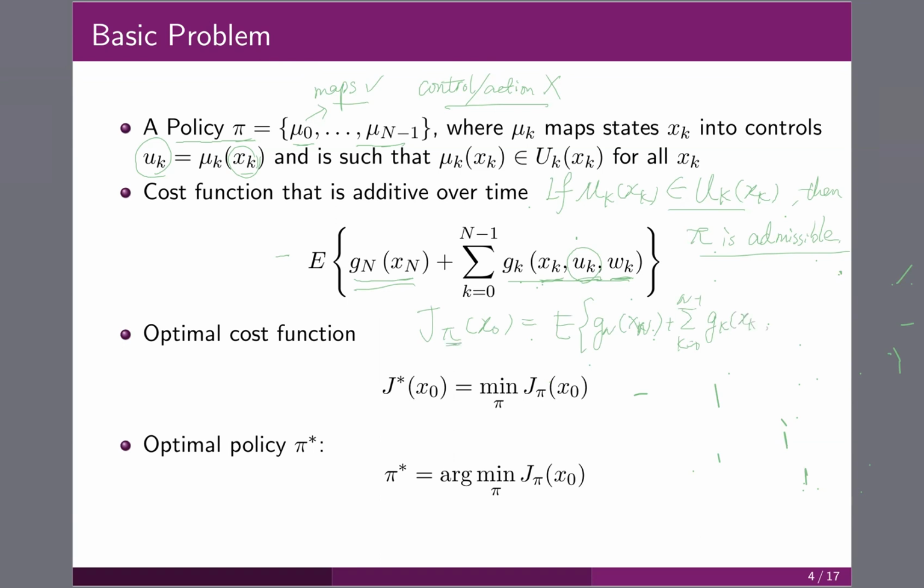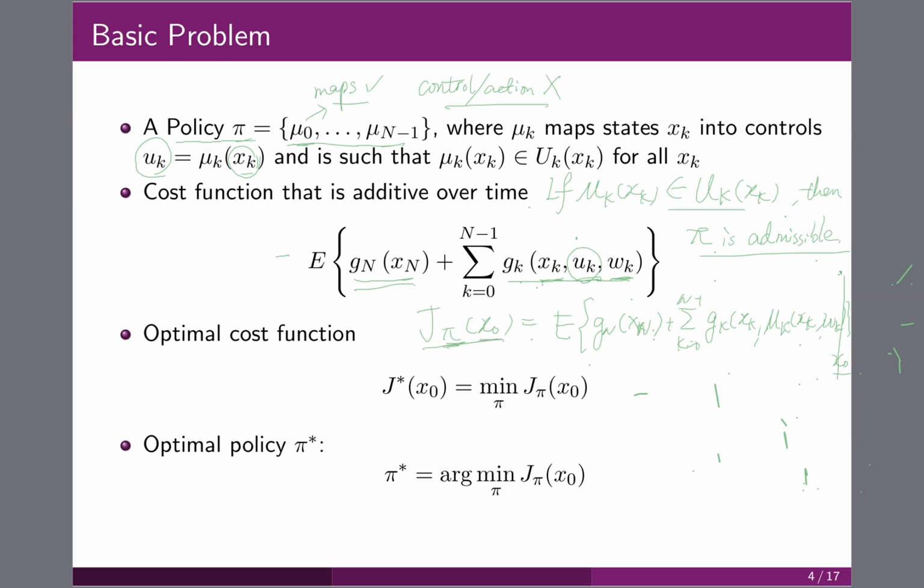Here we are applying the policy pi, so here u equals mu k xk, because the pi is defined as a list of mappings mu k. And this is the average cost, given x0, the initial state. So this is the cost given the initial state and under a policy pi.